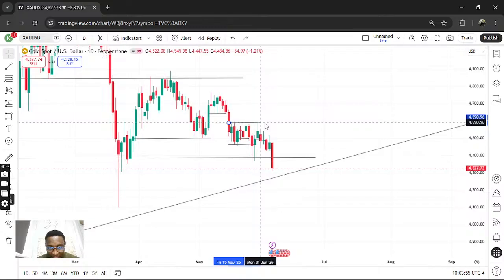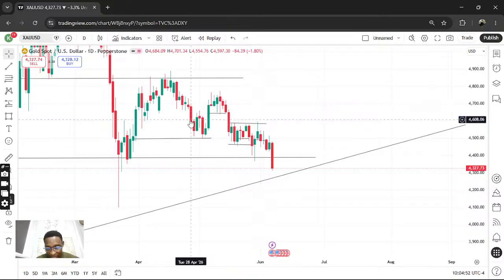Now, if you look at this point, there were a lot of candles here with rejections. But which one would you consider as your order block? If you look at this particular one, this is the last bearish candle, but this one created the impulsive movement that pushed the market down.